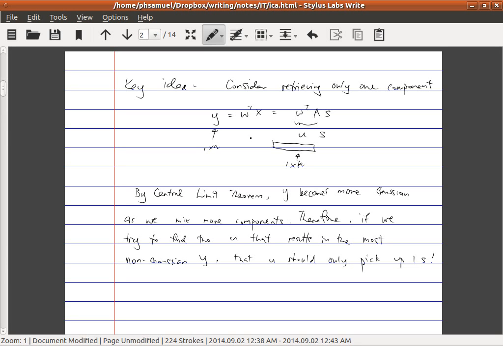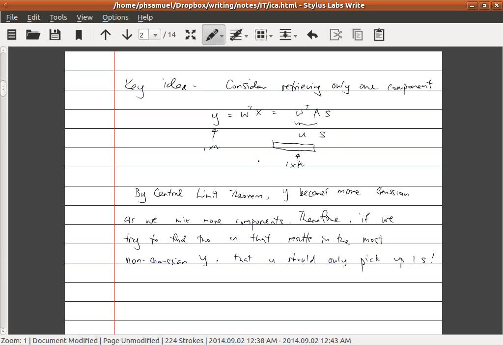So what we have here is that y is just mixing these independent signals S, and by the central limit theorem, if to start with S is non-Gaussian, then as we mix more and more S together, we'll get more and more Gaussian signal.